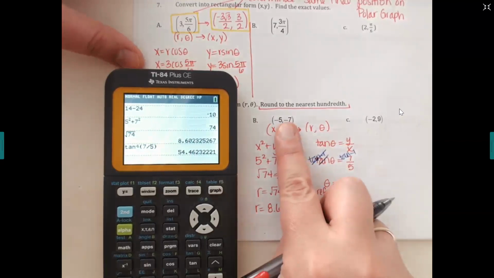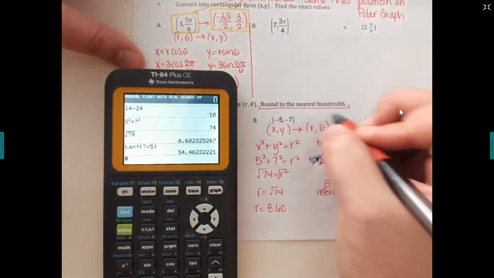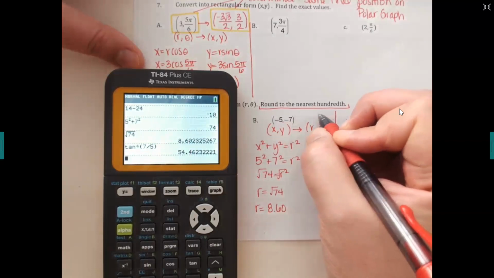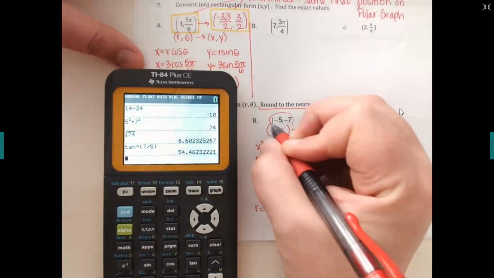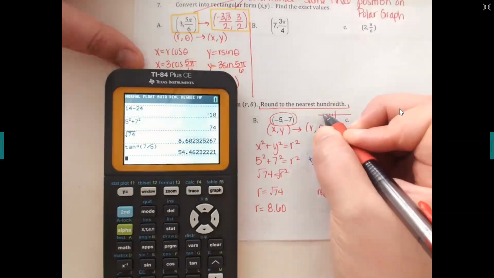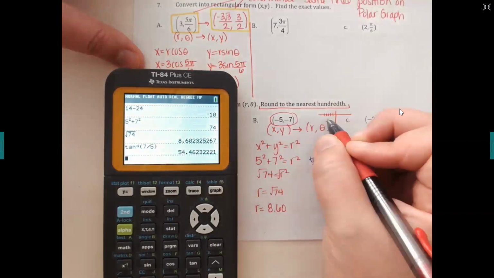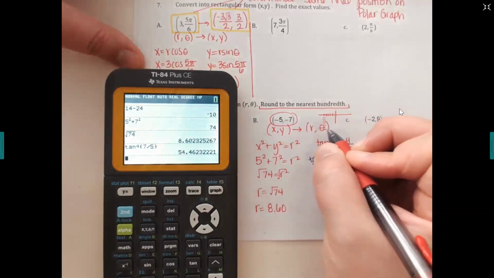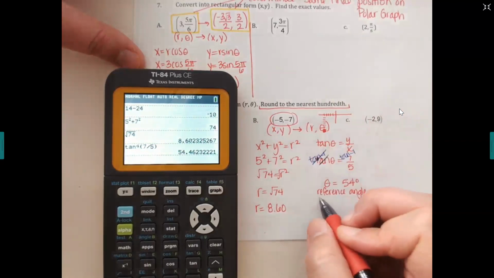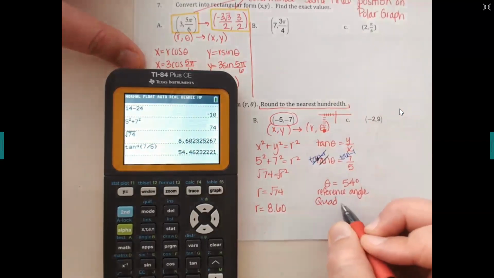To turn that into direction, you need to check your chart. So if I were to graph -5, -7, let's do like a little baby graph here. I would go to the left 5, so 1, 2, 3, 4, 5, and then down 7, 1, 2, 3, 4, 5, 6, 7. So that puts me in quadrant 3.